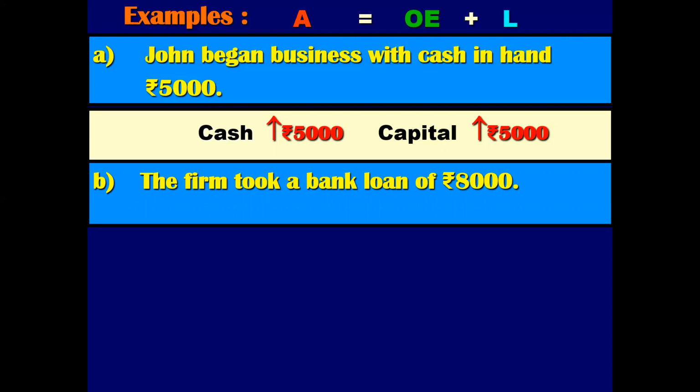When you get a bank loan, the business receives money. 8,000 rupees comes into the business in the name of bank loan. That 8,000 rupees is called cash. The bank loan is another character. You have to return it back, so this bank loan is called liability.